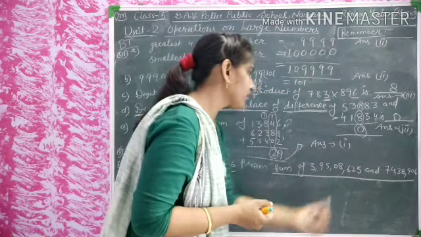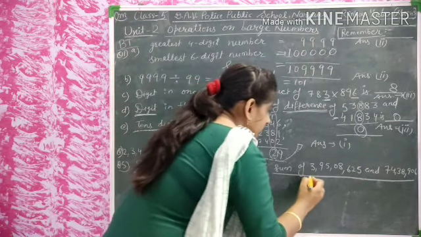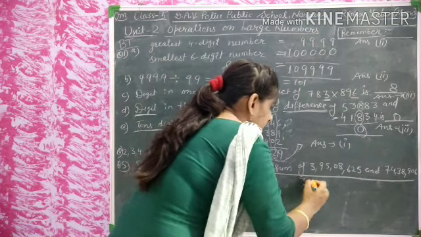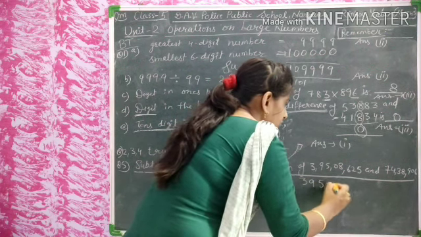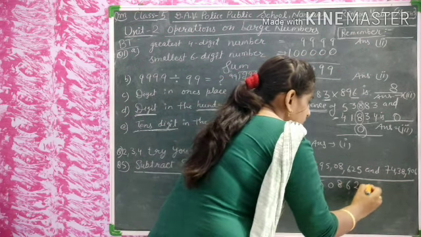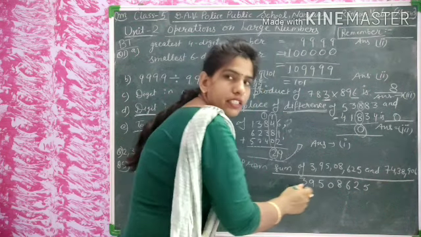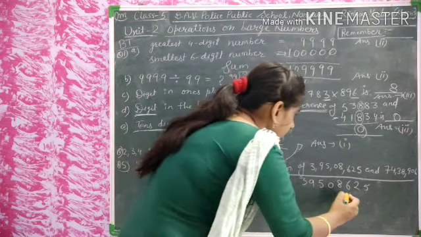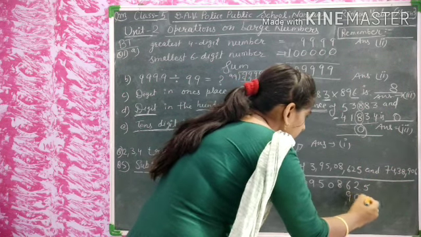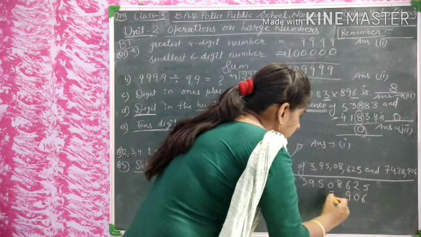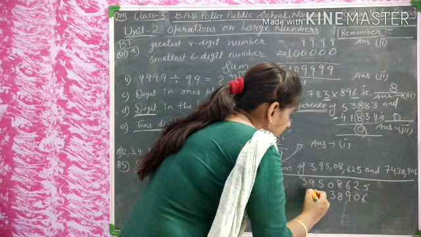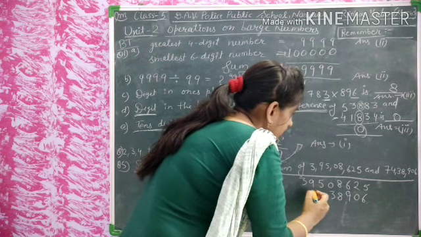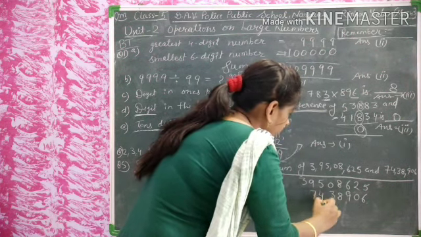So the sum of both the numbers: 3, 9, 5, 0, 8, 6, 2, 5, and 7, 9, 0, 6, 3, 8, 7, 4.